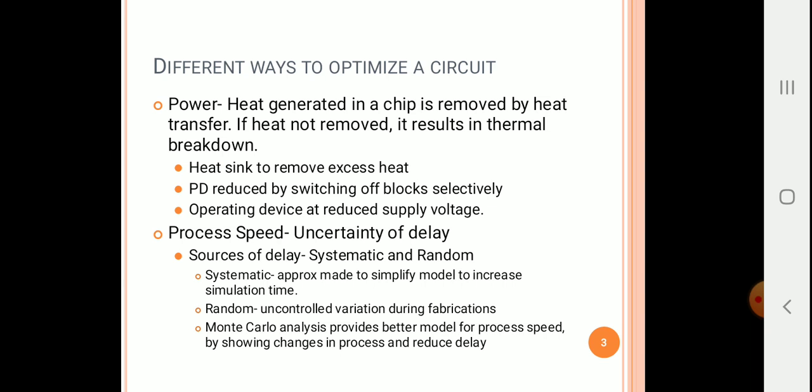For that, a proposed method is Monte Carlo analysis, which provides a model to analyze the process speed of a particular IC. It shows the kinds of delays that can be incurred during the process, and the areas where the design can be improved so that random and systematic delays can be eliminated.